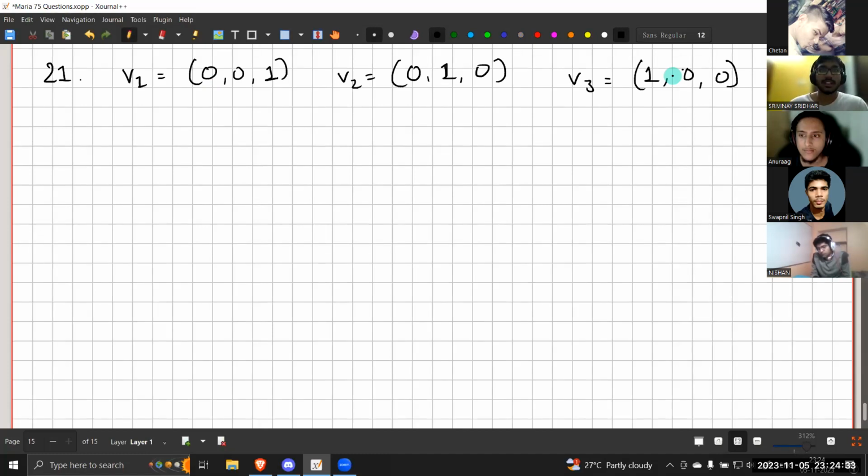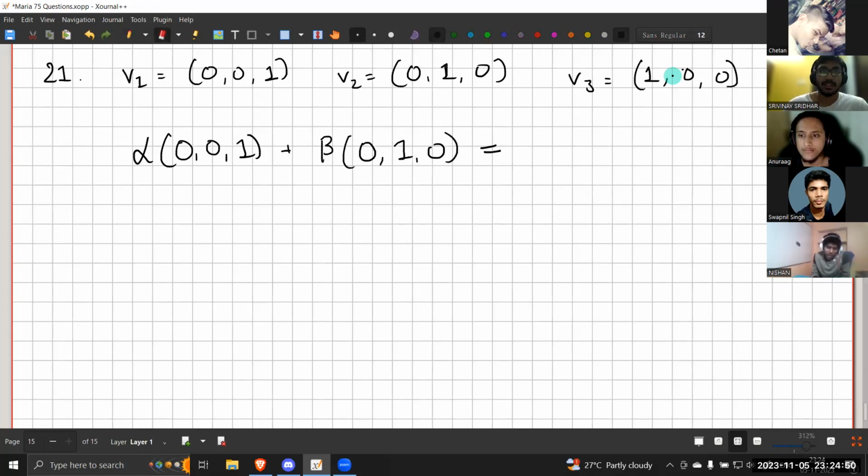If I take the linear combination of v1 and v2, what will it look like? It will look like alpha times 0, 0, 1 plus beta times 0, 1, 0. And I have to somehow see whether v3 belongs to the set. We have to check whether it belongs to the set.